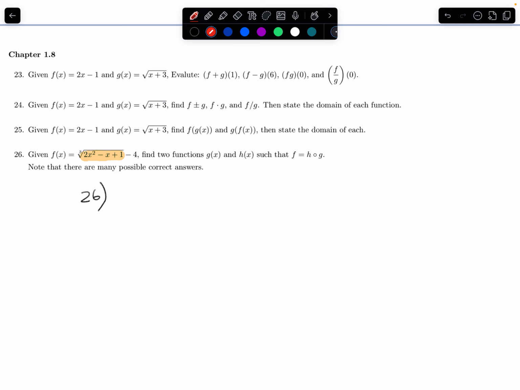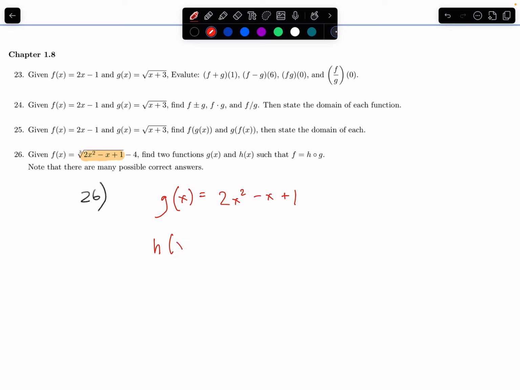The inside function is the one that happens first. So g of x is going to be 2x squared minus x plus 1. And then this is going to be the outside function h.